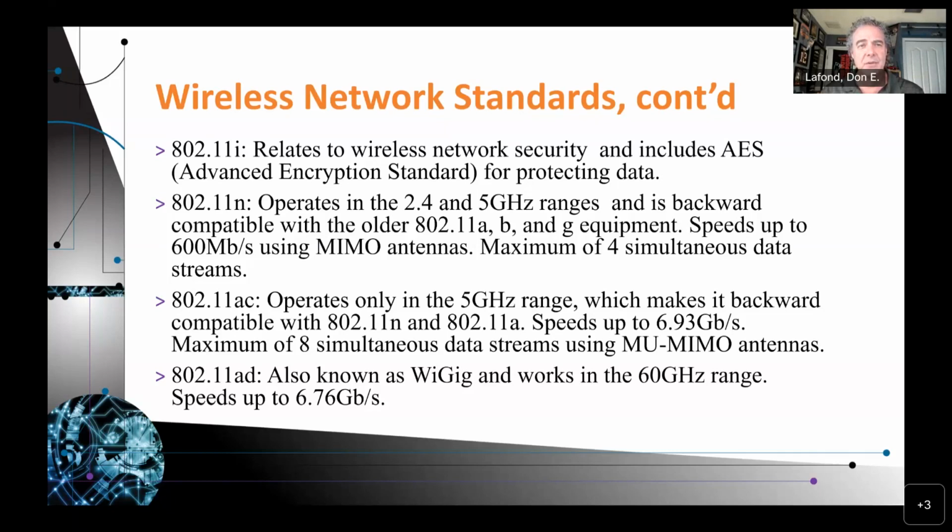And then 802.11ad, known as WiGig, works in the 60 gigahertz range, speeds up to 6.7 gigabits. AD didn't really latch on with the consumer because, yes, it had a faster connection speed, but I watched a couple of videos on it.